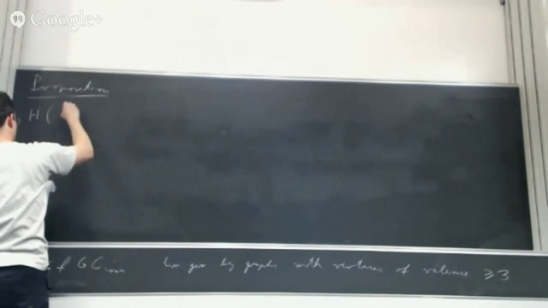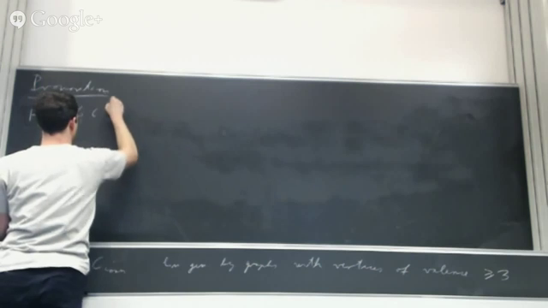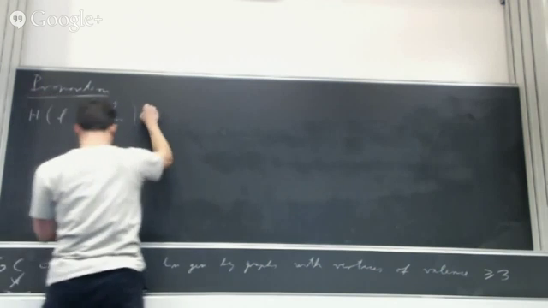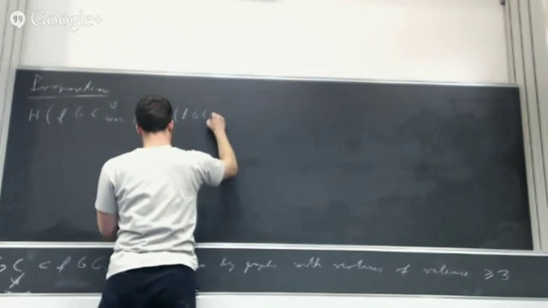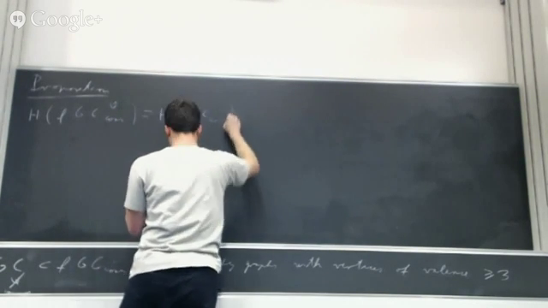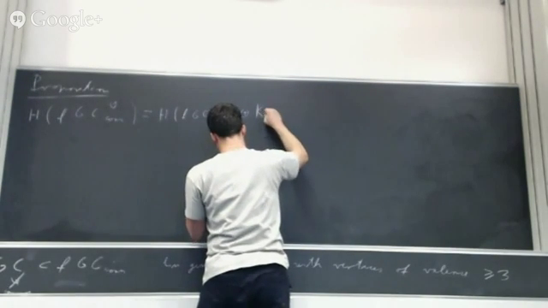The homology of the full connected graph complex with tadpoles is equal to the homology of the full graph complex connected without tadpoles, plus K1.